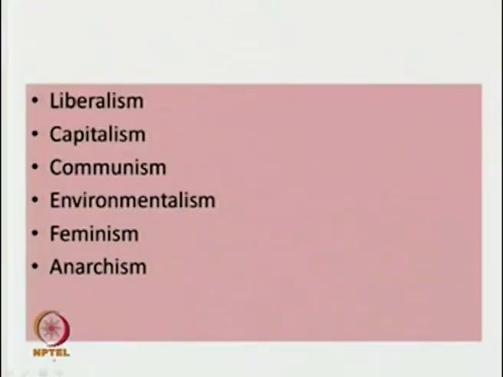Then we ended with political ideologies, and we talked about just a few, and I said there are so many really. We talked about liberalism, and remember what was our important point there? Our point was political ideologies have as their goal the organization of society in a way in which each of these ideologies feels is the ideal way in which people should be governed, in which their lives should be arranged in society or in a culture.